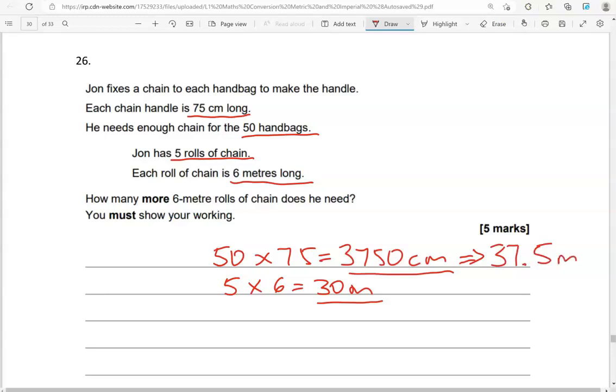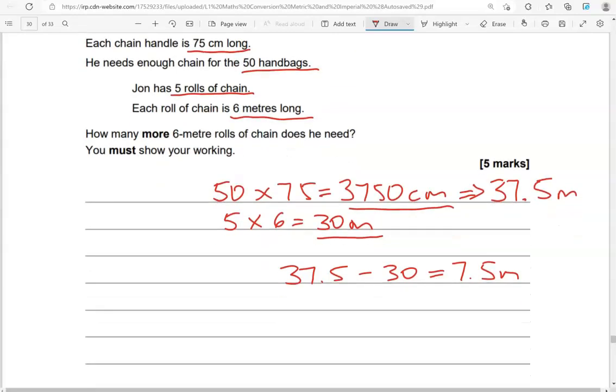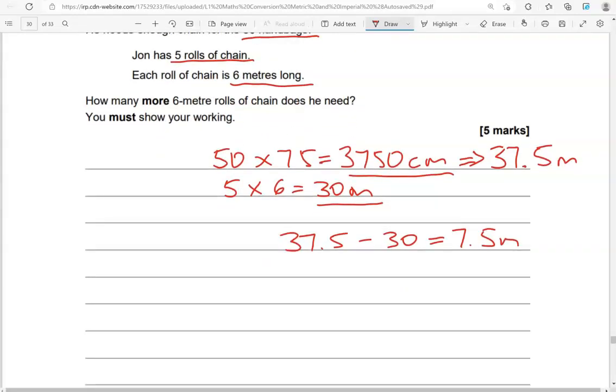So he has already 30 meters. So if we do 37.5 take away 30, that gives us 7.5 meters needed. Now each roll of chain is 6 meters long, so 1 will not be enough. So he needs 2 rolls.